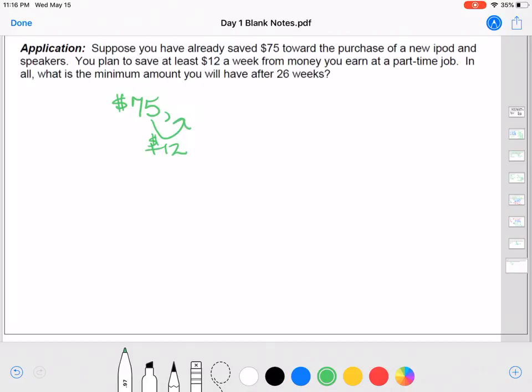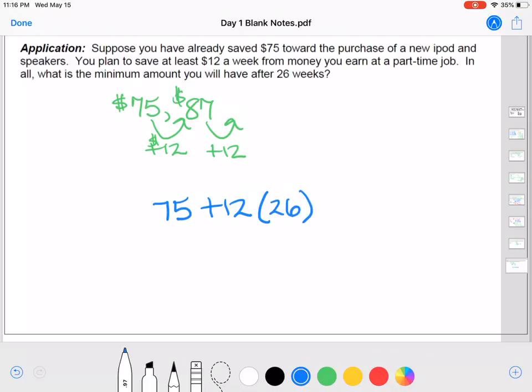So that is going to put me at $87. And every week thereafter, we're going to be adding another $12. So don't get too caught up in the notation here. Basically, this means if you have $75 and you're adding $12 a week for 26 weeks, you're adding 12 exactly 26 times.